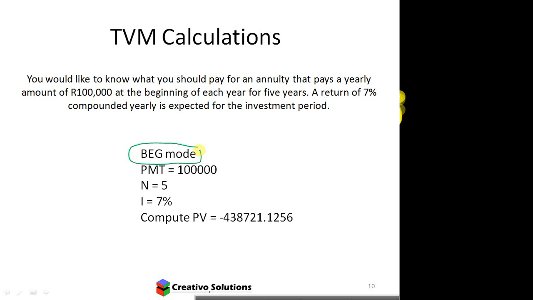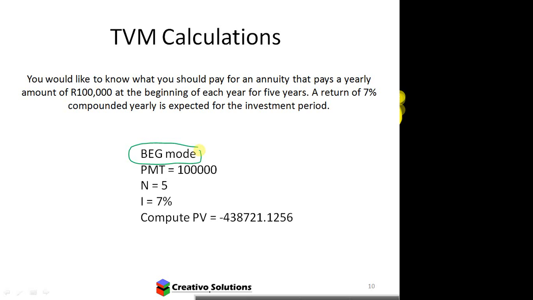Now on your screen you should see BEG. If you press second function clear all, does that go away? No, so you need to be careful. Every time you change it back, end is the default setting that you should have.